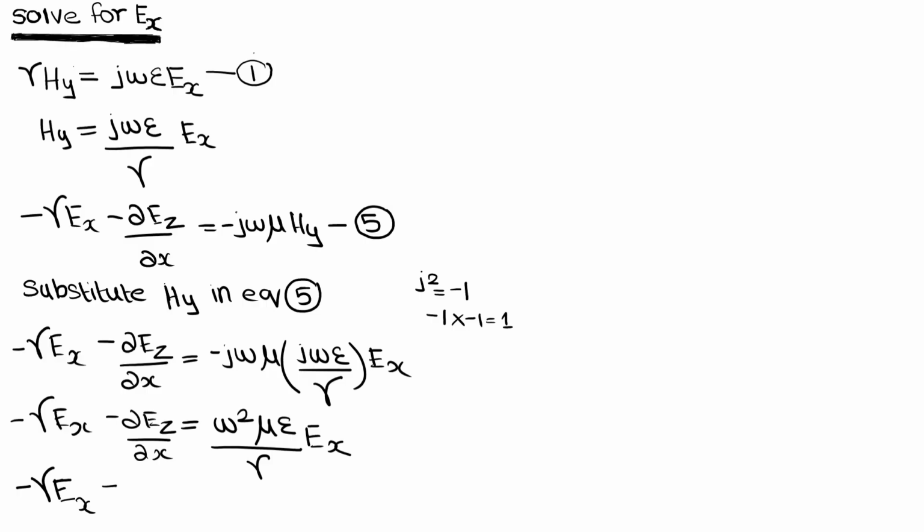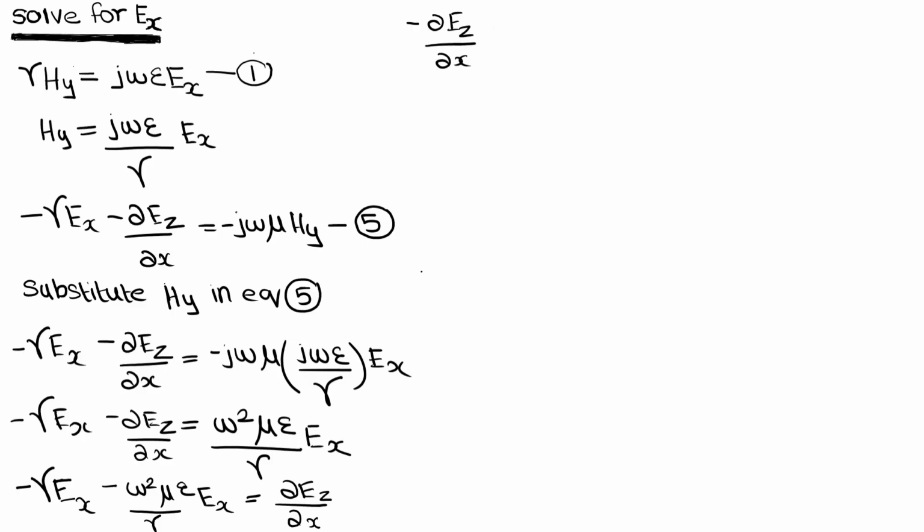Now minus gamma Ex minus omega square mu epsilon upon gamma into Ex, which is equal to dou Ez upon dou x. Now multiplying it with minus 1, the equation becomes minus dou Ez upon dou x equal to omega square mu epsilon upon gamma Ex plus gamma Ex.